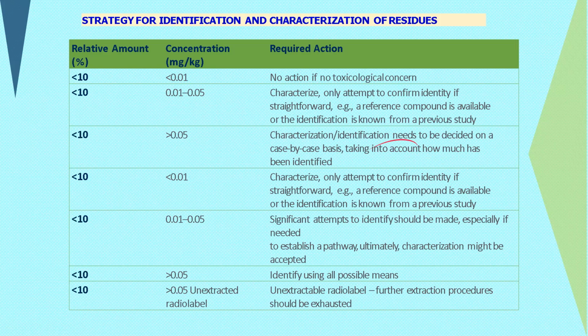Or else, if it is in the range of 0.01 to 0.05, characterize only, attempt to confirm identity if straightforward, for example, a reference compound is available or identification is known from a previous study.